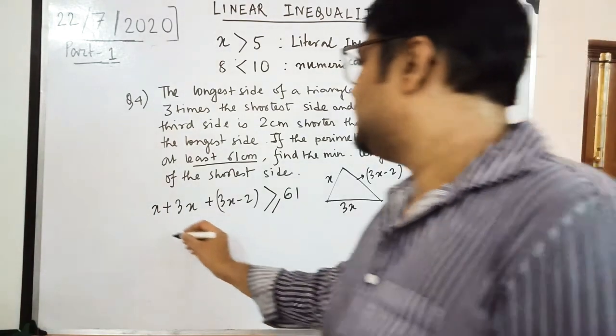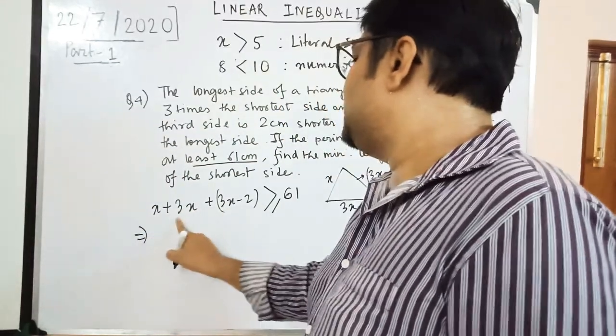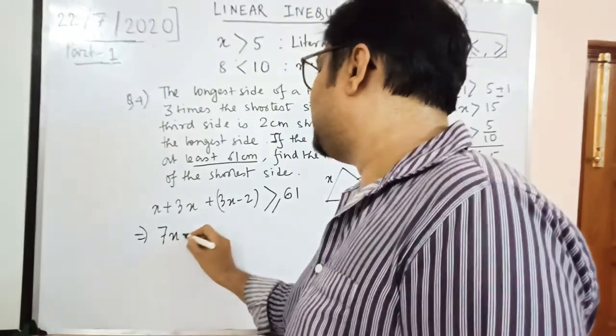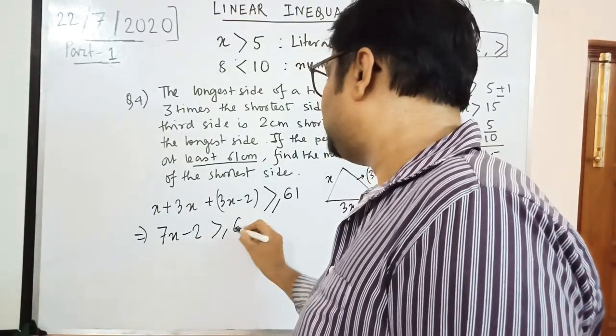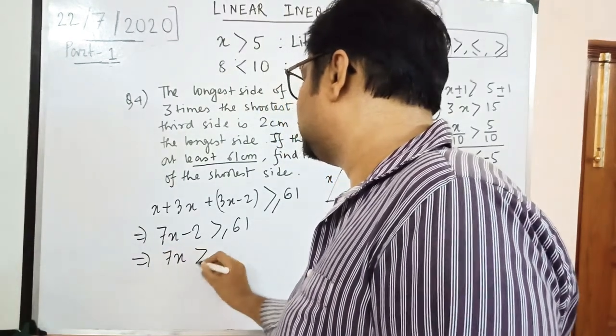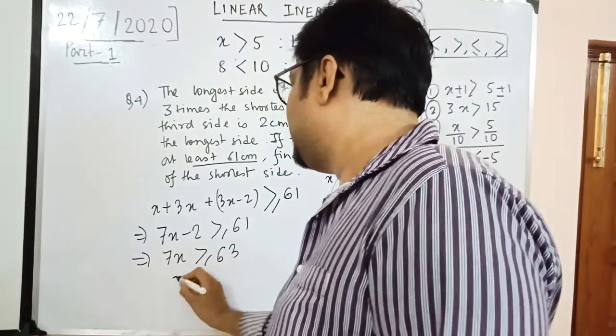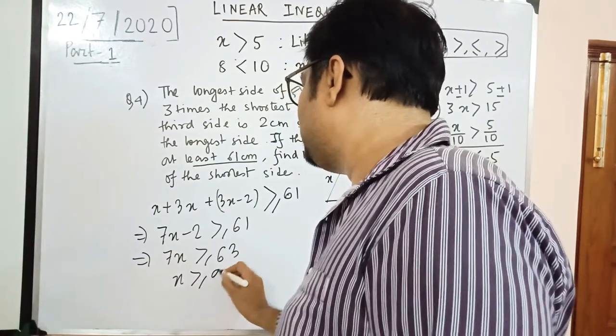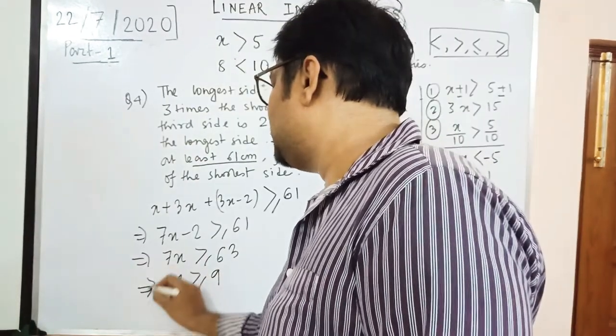So let us solve. What we get, 7x minus 2, so I get x greater than or equal to 9. So you got it.